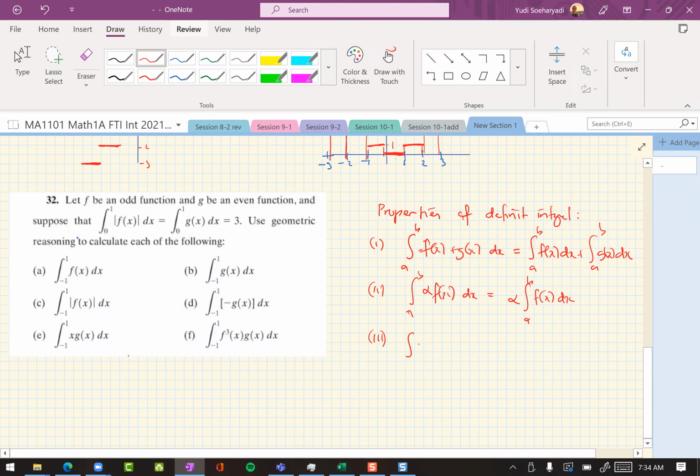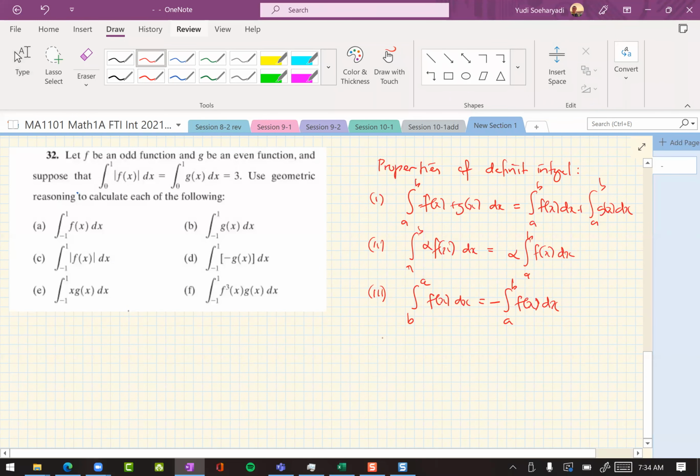You can do this one also. Not from A to B, but B to A. If you switch the order of the boundaries of the integral, we have this negative sign.